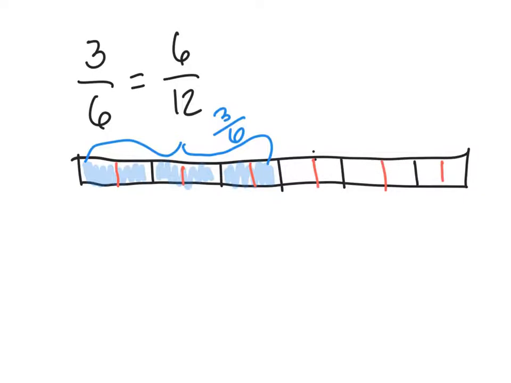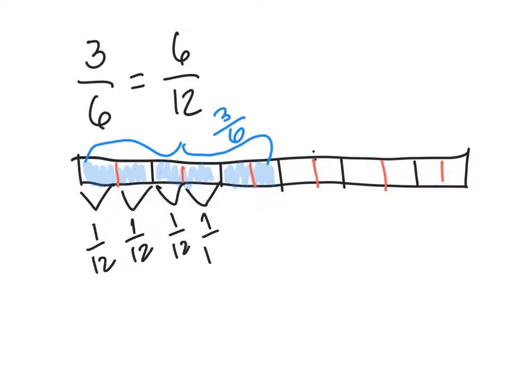So each one of these things is going to be 1/12. So each box represents 1/12. And if we compose them and put them back together, they would equal 6/12. So this clearly shows, this tape diagram, that 3/6 is equivalent to 6/12.